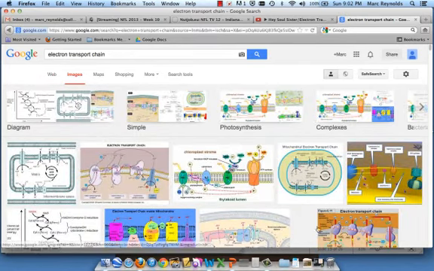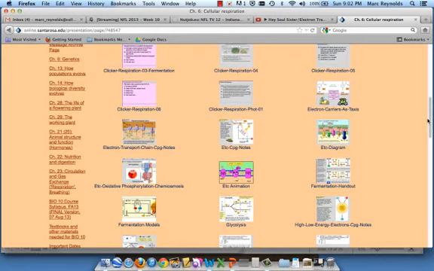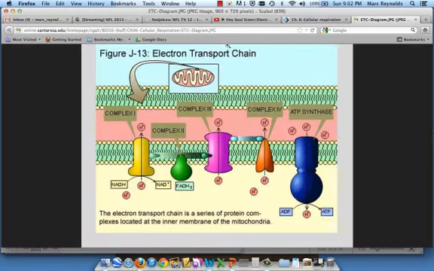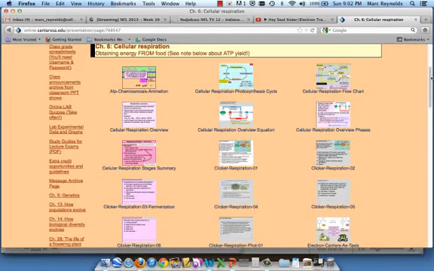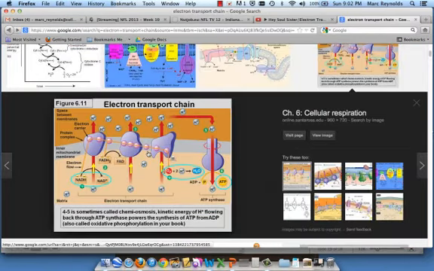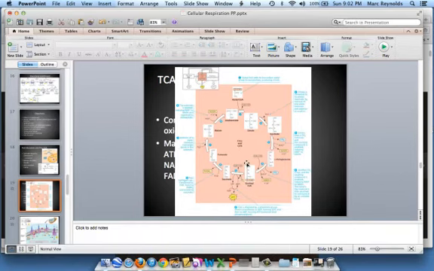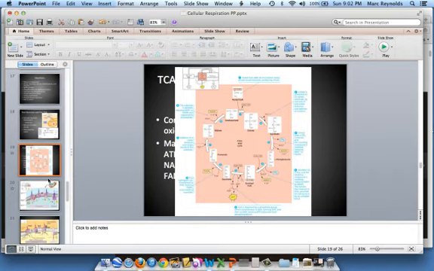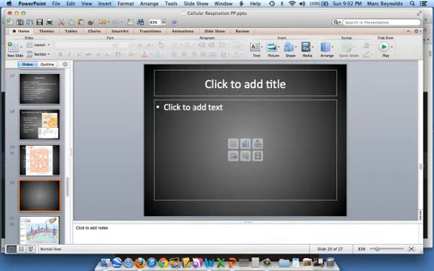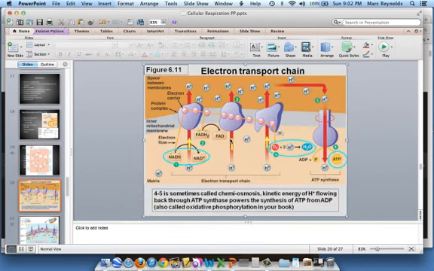And then CoQ. 2 H pluses are transferred from the matrix to the intermembrane space. Electron transport chain, you make ATP with your proton gradient and coupling with ATP.